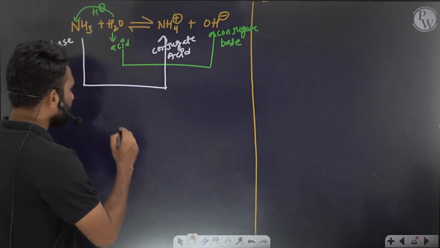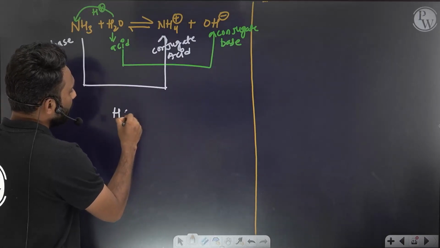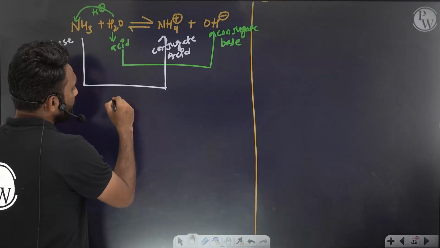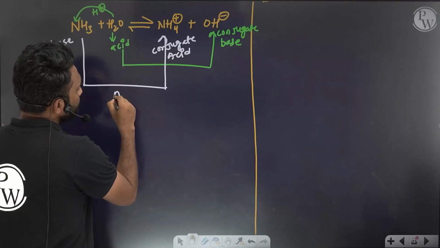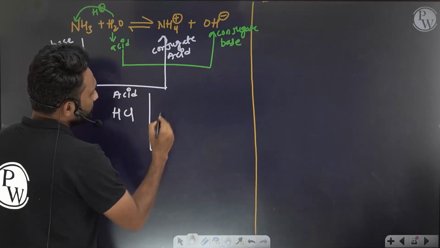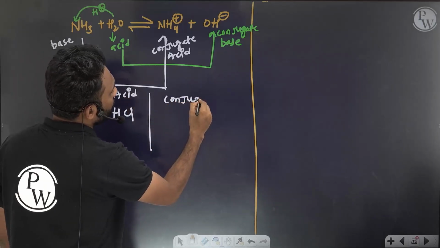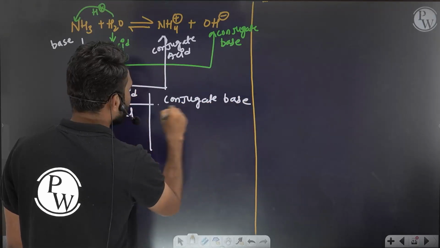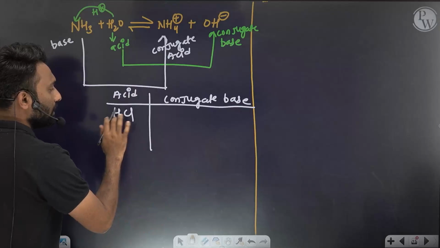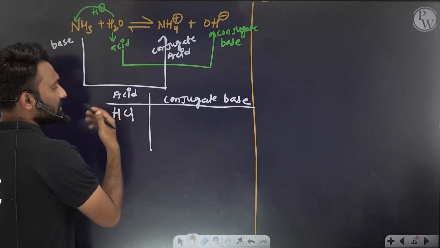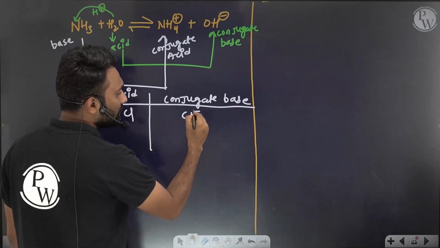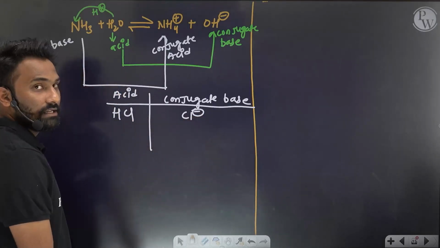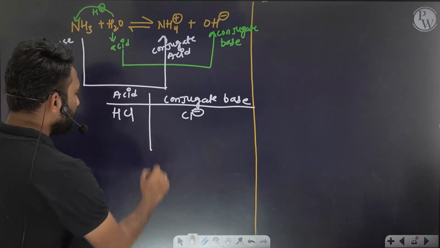Look at HCl. Let us assume this is the acid. From HCl, if the H plus has been lost, the remaining is Cl minus. So the conjugate base of HCl is Cl minus.